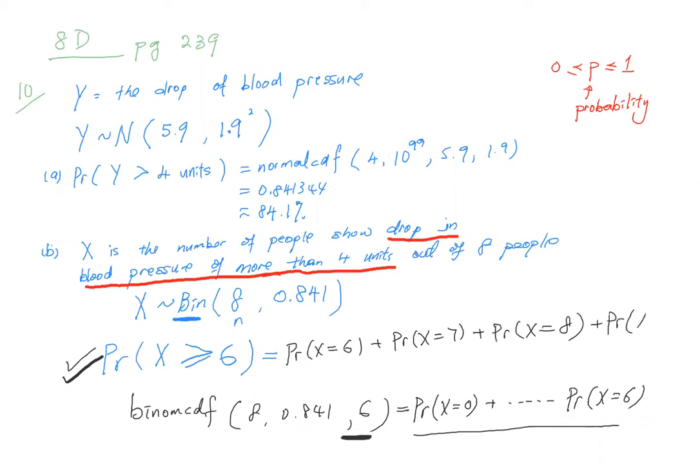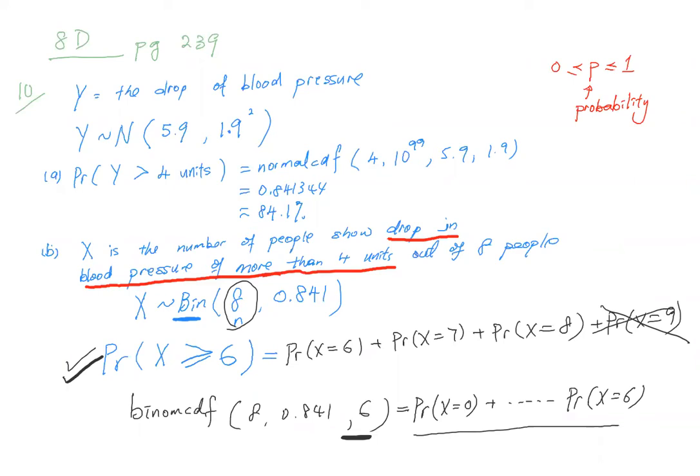No. Why not? Because the experiment only has 8 people. So this cannot, because my number of trials is only 8. Okay, so if I want to use this, I have to use binom PDF 3 times, correct?